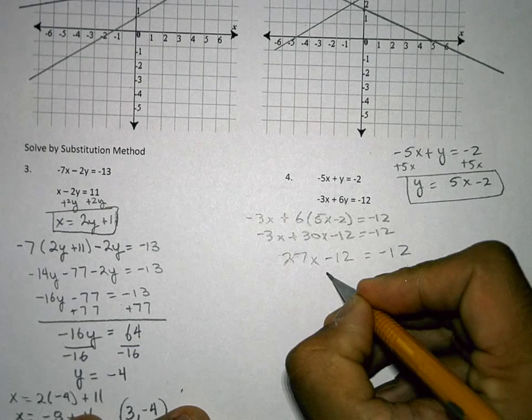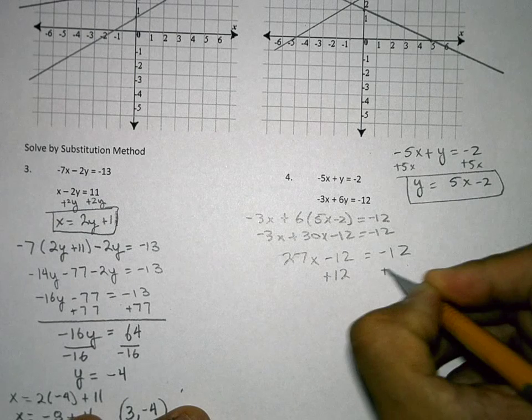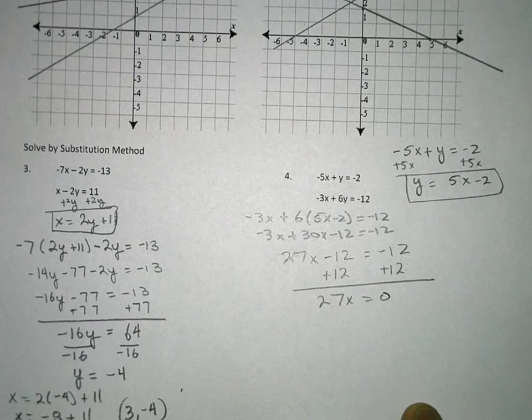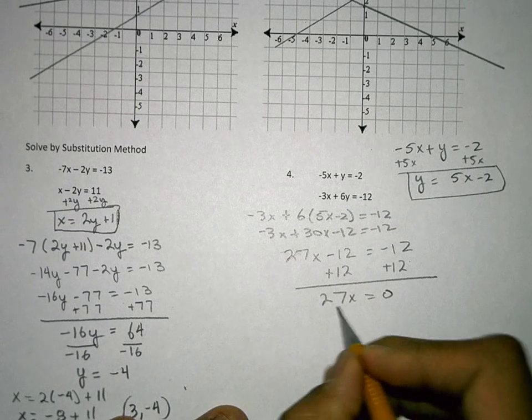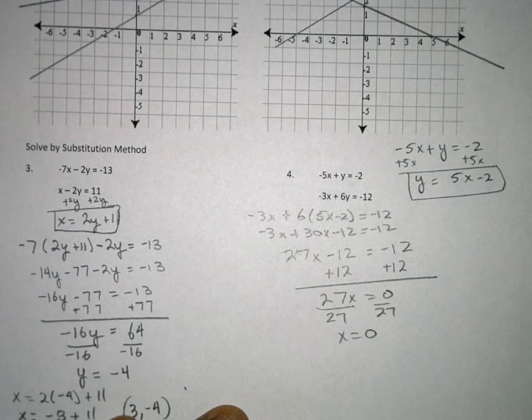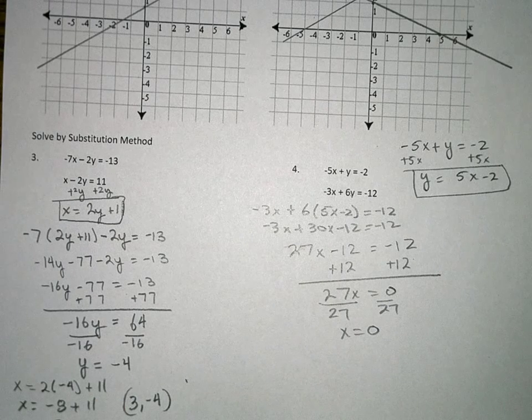Okay. I'm going to add a 12 to both sides, and I get 27x equals 0. Looks kind of weird, but that's fine. I'll just divide by 27, and 0 is a number, so the x value is 0.